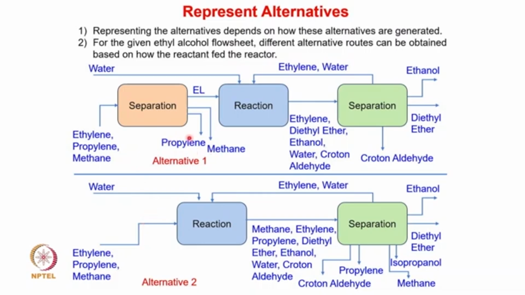For instance, in this case we may select the option of separating propylene but not methane. Similarly, there could be another option where we separate methane but not propylene. So there are multiple options, and with respect to all these alternate routes, one has to see which route is viable by using the cost calculation.